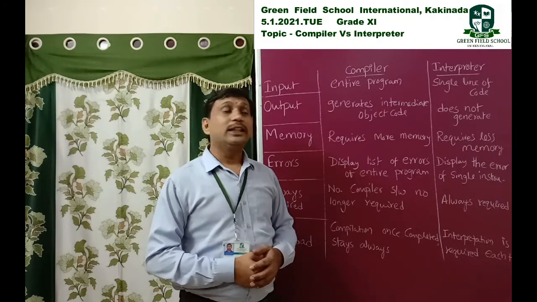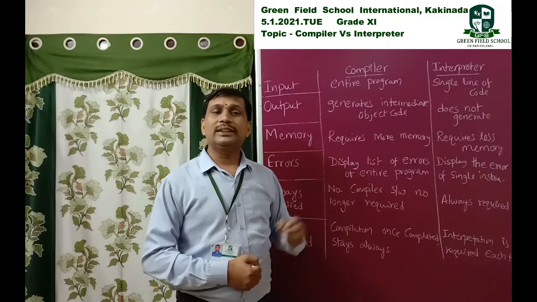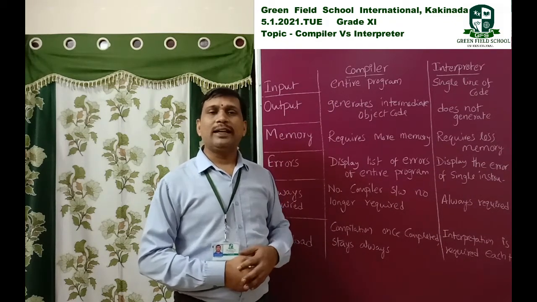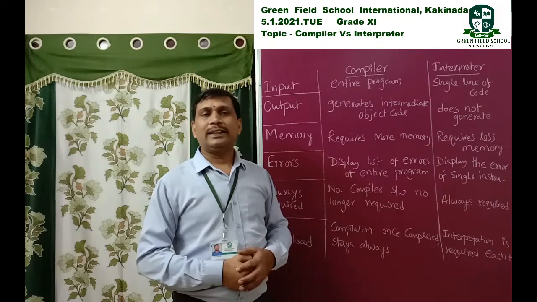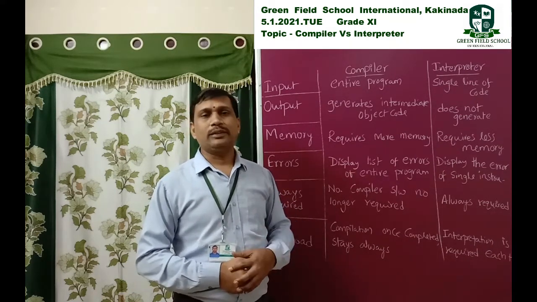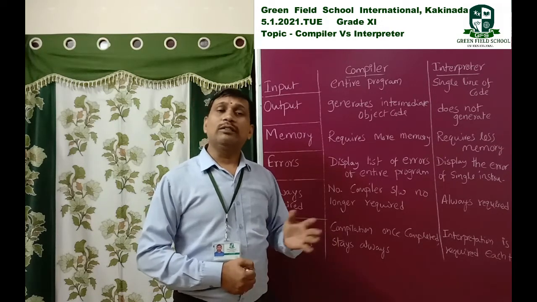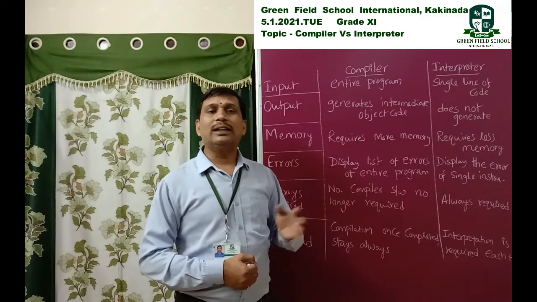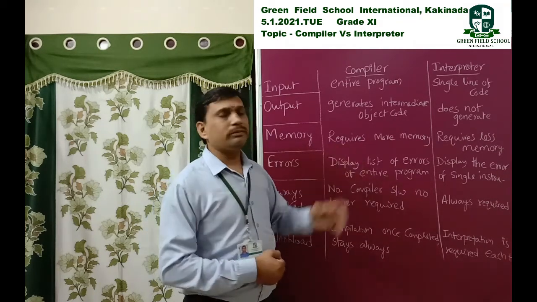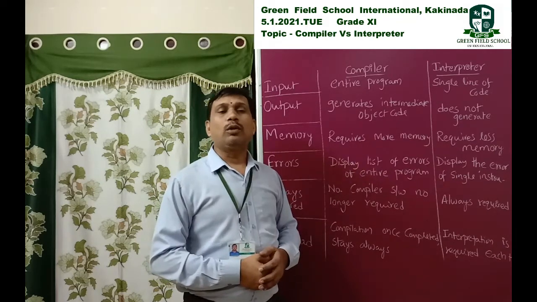Why? Because we consider the entire program in a single shot. All the lines are considered at a time. To convert all the lines it takes some time, and for all this time it requires more memory.